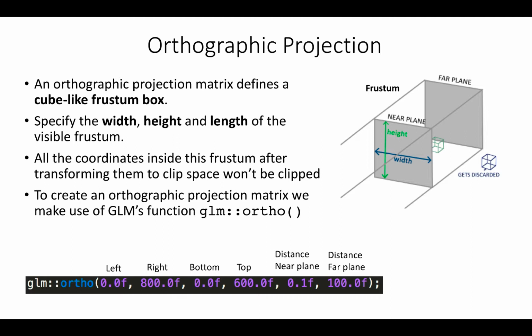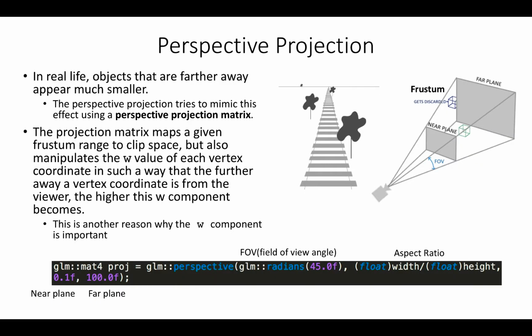An orthographic projection produces unrealistic results, since the projection doesn't take perspective into account. We can mimic real-life perspective using a perspective projection matrix instead. The projection matrix maps a given frustum range to clip space, but also manipulates the W value of each vertex coordinate in such a way that the further away a vertex coordinate is from the viewer, the higher its W component becomes.